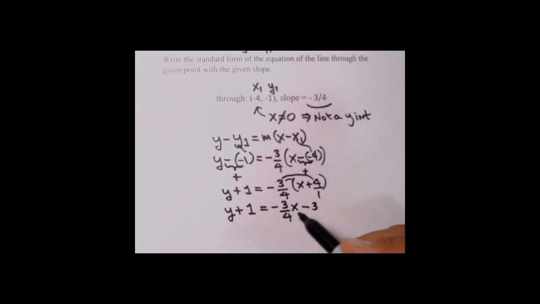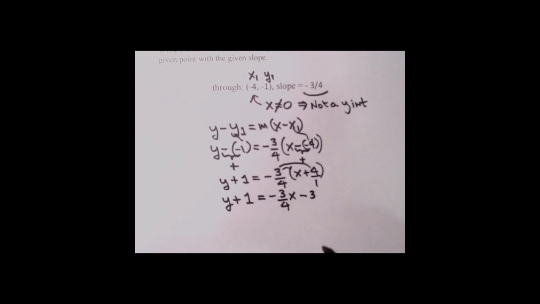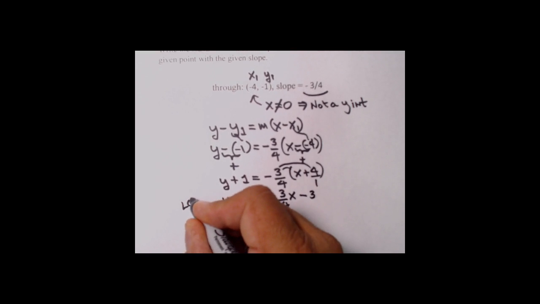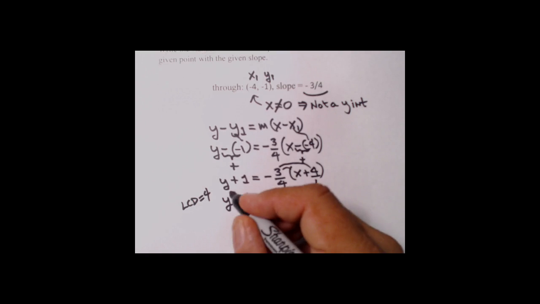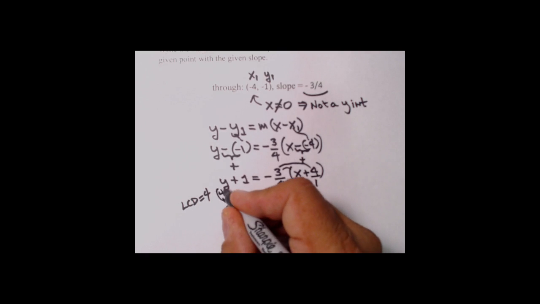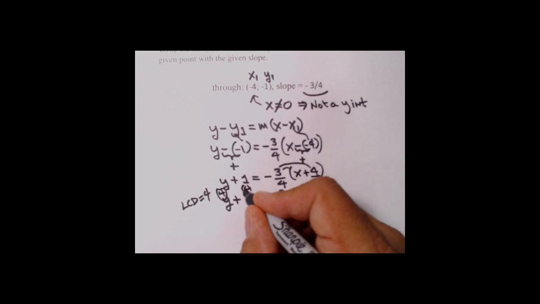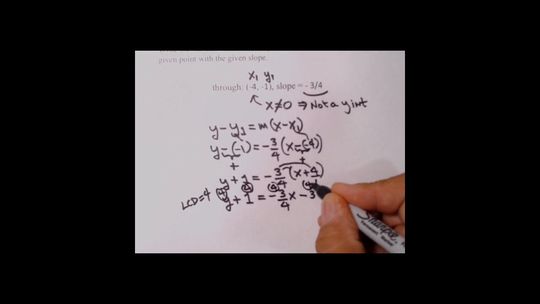Now, here's something that's normally done when you put the equations in standard form. If there's a fraction in here, you want to clear out the fractions and get rid of them. So notice the LCD here equals 4, the only denominator we have. So what's going to happen then is I'm going to multiply each and every term on both sides by 4. The two terms here and the two terms over here.